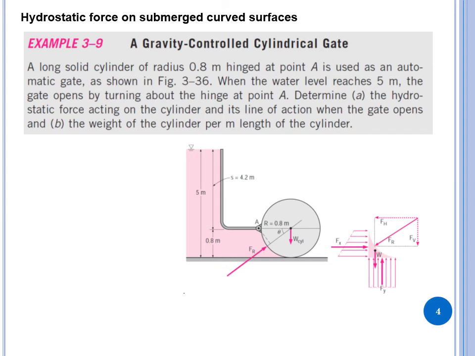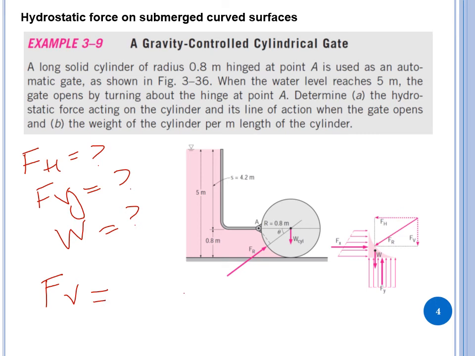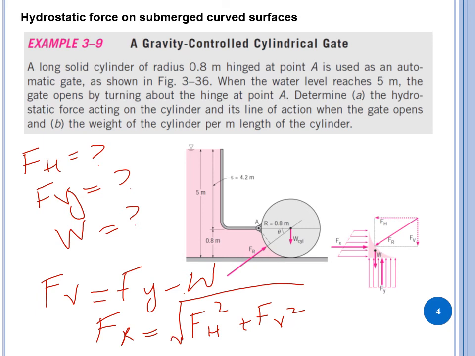Now the rest of the problem is very straightforward. We have found out Fh, we have found out Fy, and we have found out W. So Fv is going to be Fy minus W, and then the Fr is simply going to be Fh squared plus Fv squared under root, and the angle theta is going to be tangent inverse Fv over Fh.